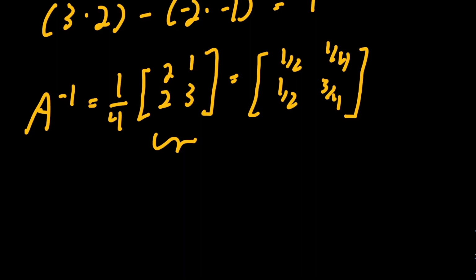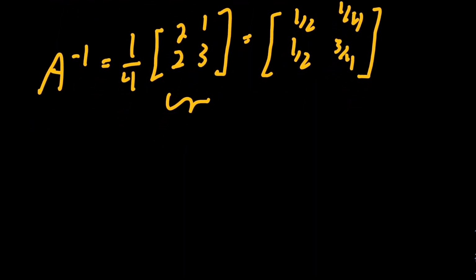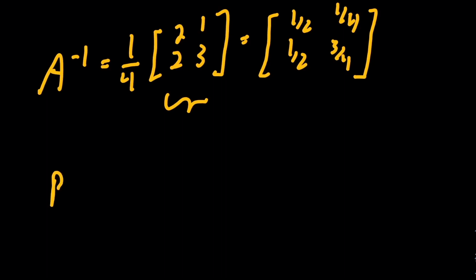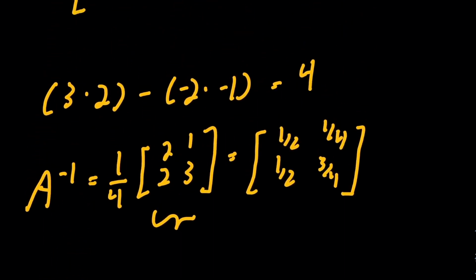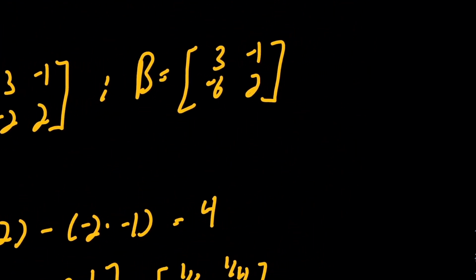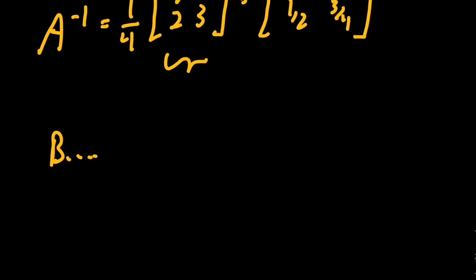Now, what would the determinant of matrix B become? So for B, we have 3 times 2 minus -1 times -6, and what does this mean?